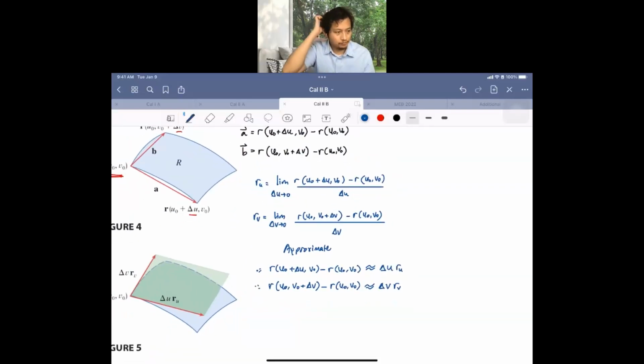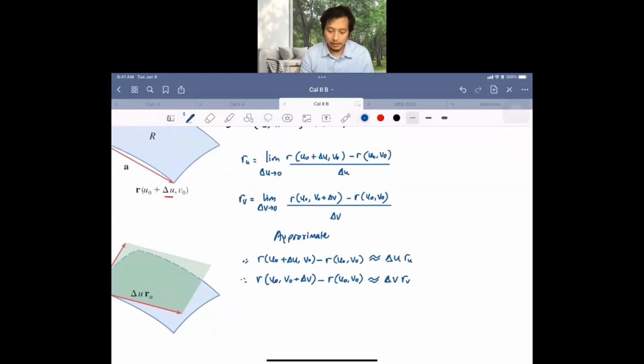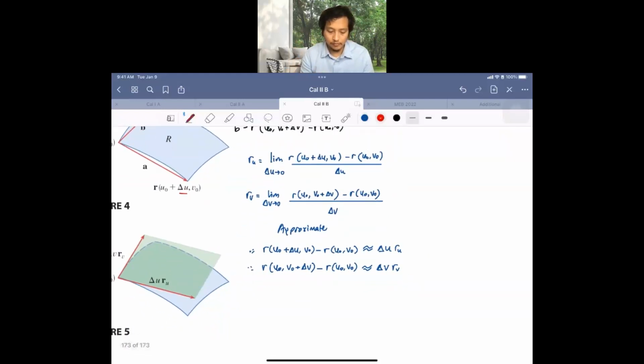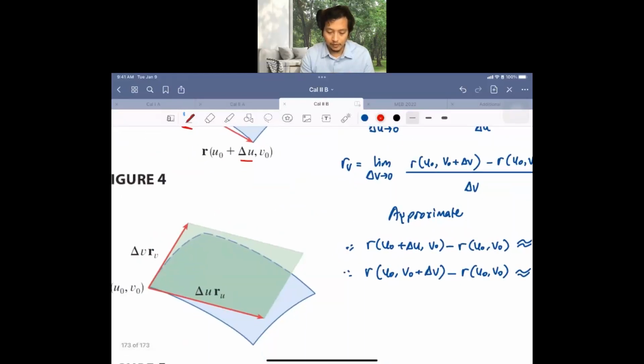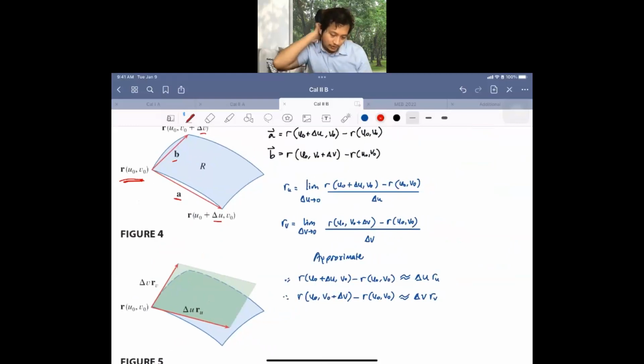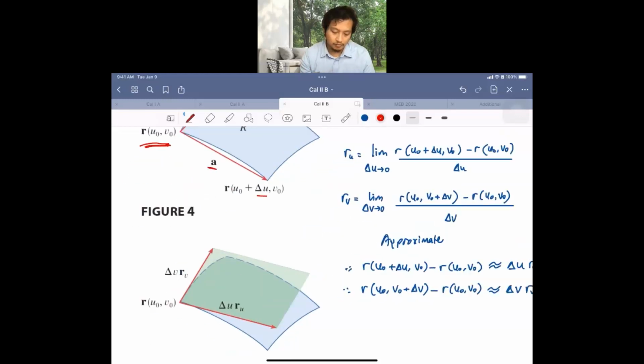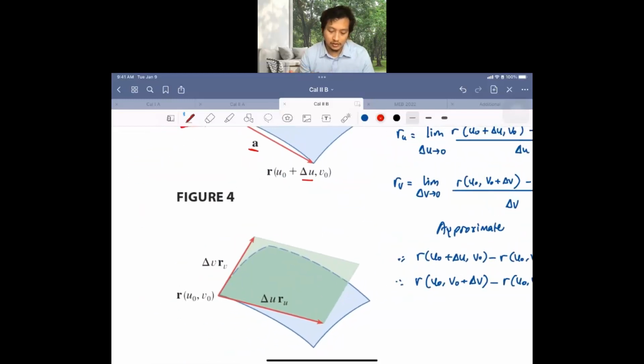Okay. It means by doing this, since we approximate this with a vector a and b, and also we are having these limit definitions, we then can construct a parallelogram from this delta u R_u and delta phi R_phi.